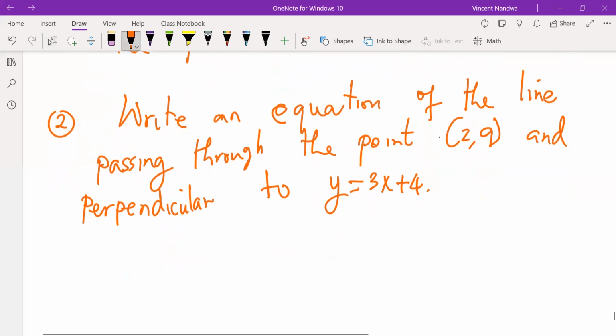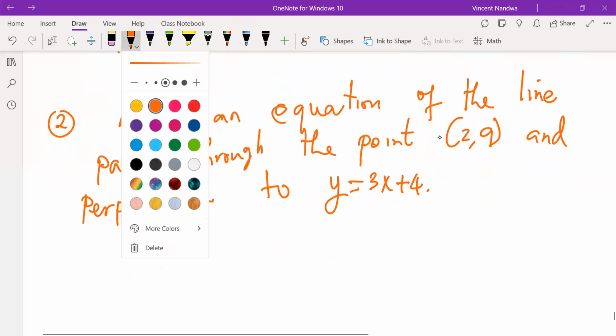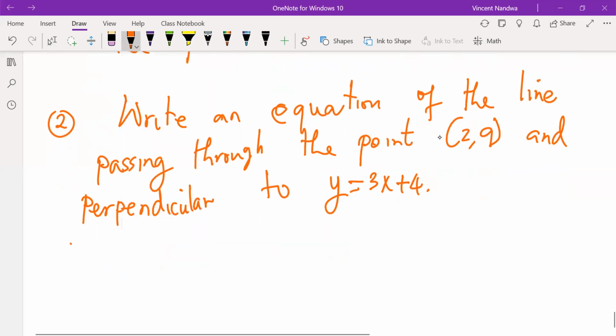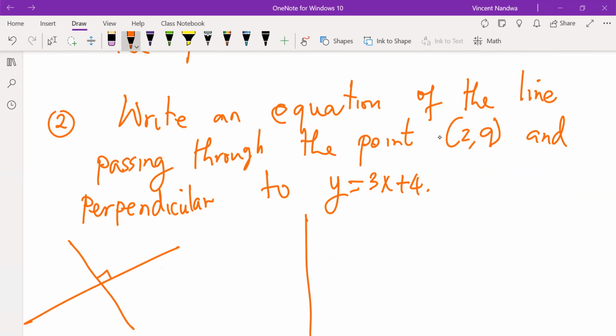Now remember, what we are calling perpendicular lines are lines of this form. They meet at 90 degrees. Lines which meet at 90 degrees.